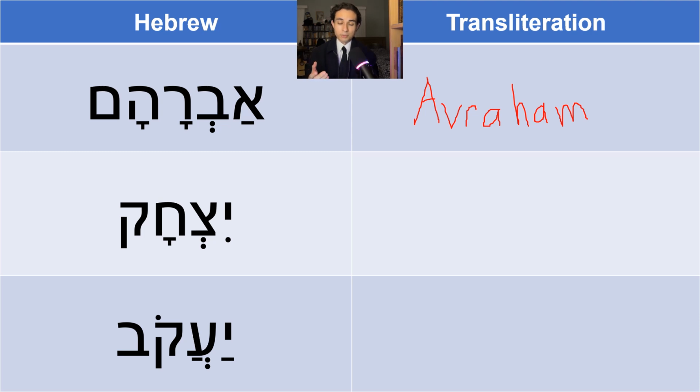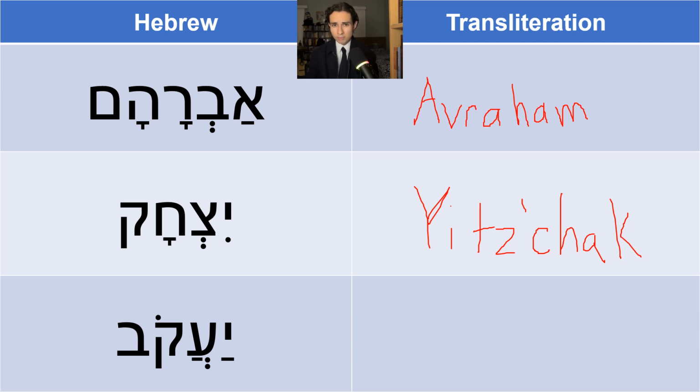This is actually the first of several examples you're going to see where the letter vet gets transliterated into English as a B, which is how we have the name Abraham. In Hebrew, Avraham. So pretty much every transliteration I've seen of this name does not have that apostrophe. That is just my own addition, but you don't even have to do it.